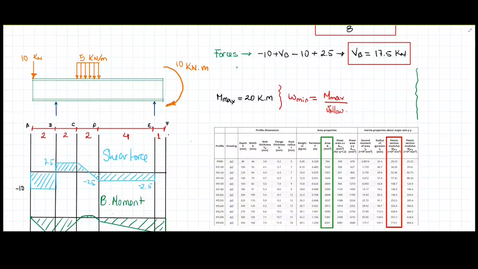This is a geometrical parameter, and it comes from the Euler-Bernoulli formula, where the stresses caused by bending moment are related to the moment applied to the section, times the parameter c, which is the distance from the neutral axis to the end of the beam, where the maximum stress occurs, divided by the inertia of the section.